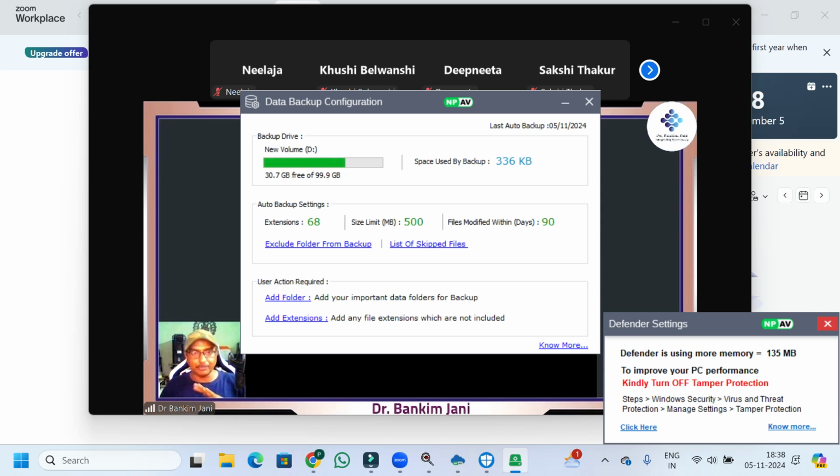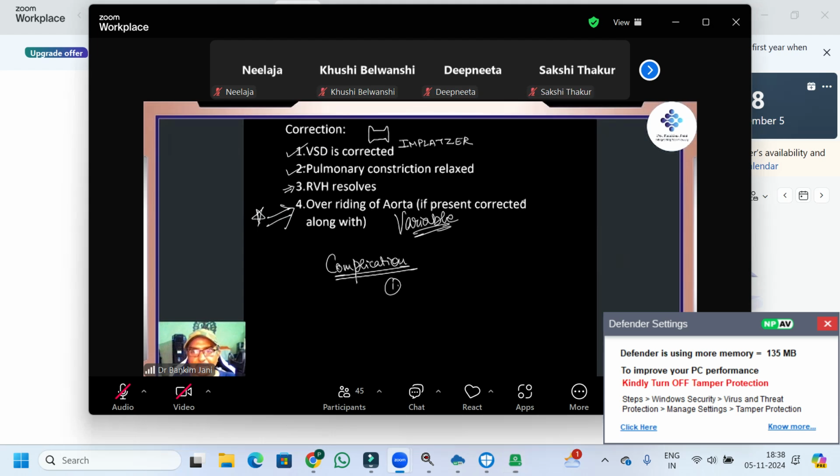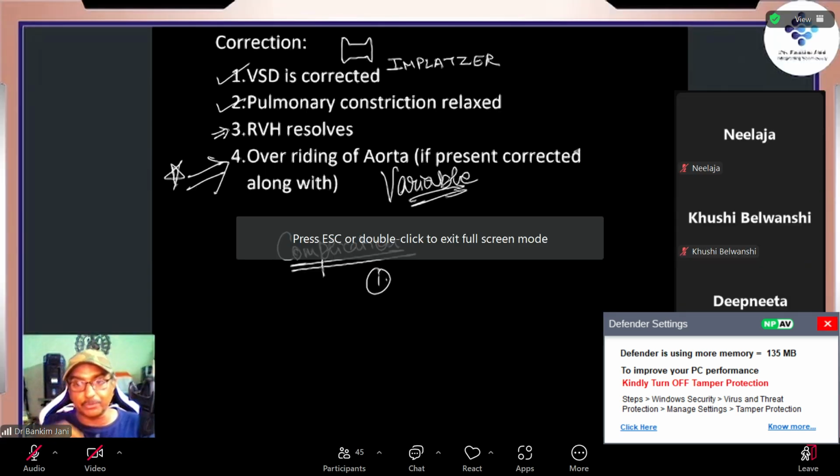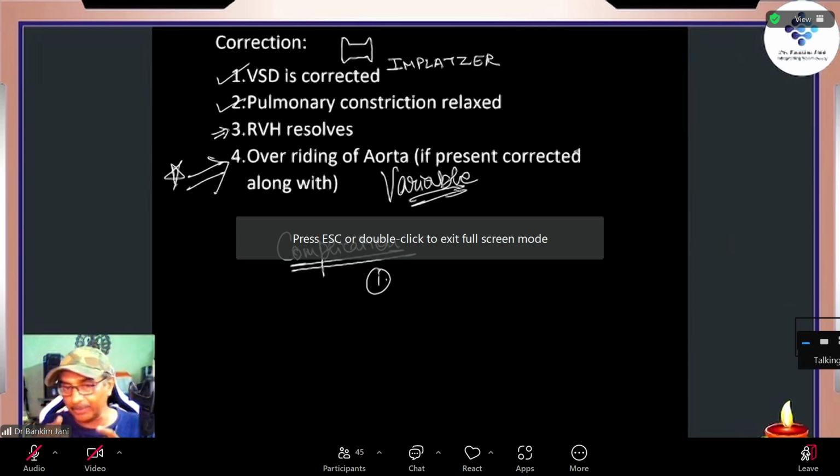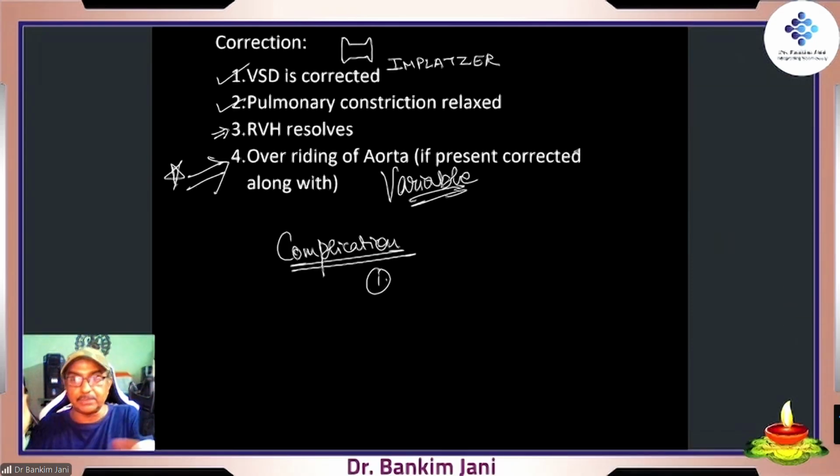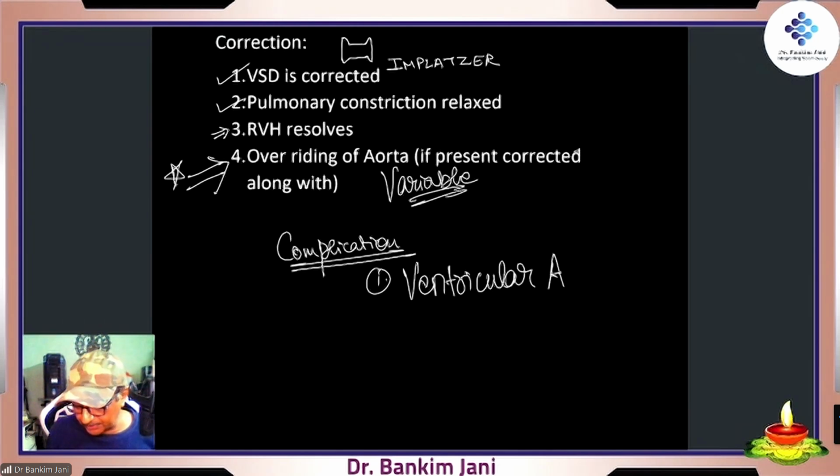Same thing is true even for this, because when there is insult to any tissue, any surgery is an insult. Though your intention was to repair it, for the body it is a cut. Even when we put an incision, it is an injury to the body, so the body would react accordingly. Any injury, any insult to the tissue leads to disturbance in the electrical system. And when it comes to the heart, it leads to what is called ventricular arrhythmias.